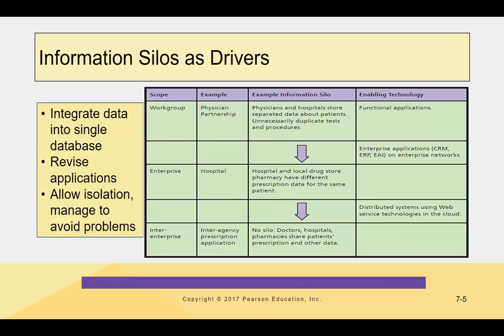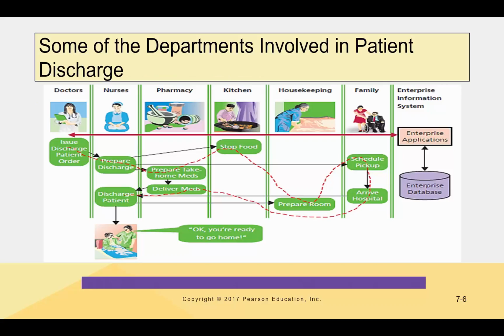And so you're moving these through the different types of systems. Look at the model of a patient discharge where the doctor discharges the patient and who goes through the nurses and the pharmacy and the kitchen and the housekeeping and the family all the way through. This all has to work together. It has to be seamless.